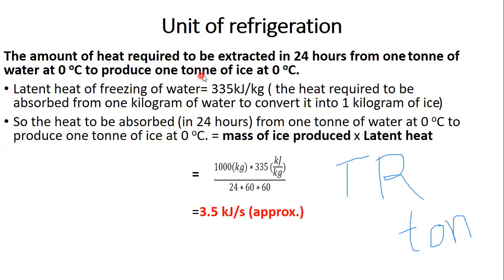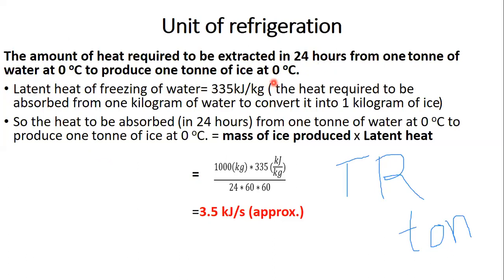We are talking about conversion of liquid water to its solid state as ice. So here we are talking about a phase transformation, so latent heat comes into the picture. Here we have to consider the latent heat of freezing of water, which is 335 kilojoules per kilogram, already found out by various scientists.